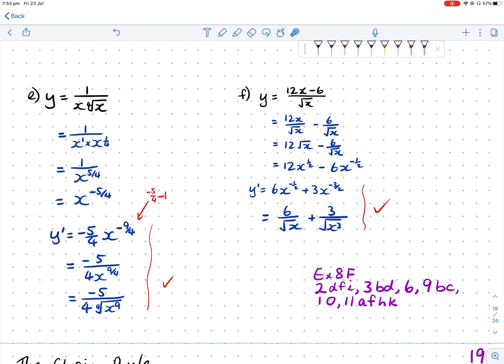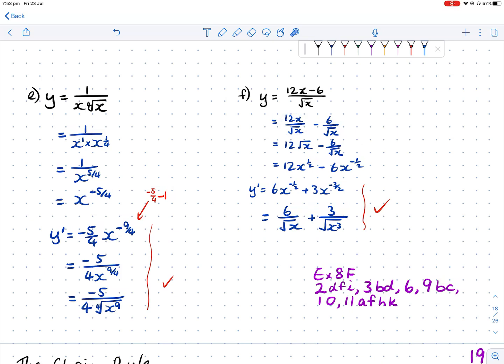So first thing we're going to do is split the fraction. So I can write the 12x over the square root of x, like so, minus 6 over the square root of x. Okay, so if I have two things in the numerator that are added or subtracted, I can write them separately with the same denominator. What we're going to do with this is simplify that.